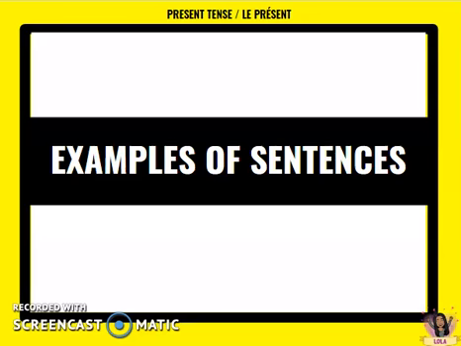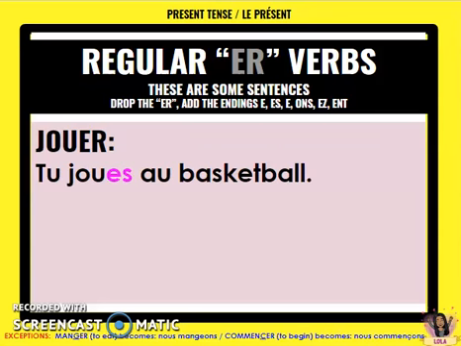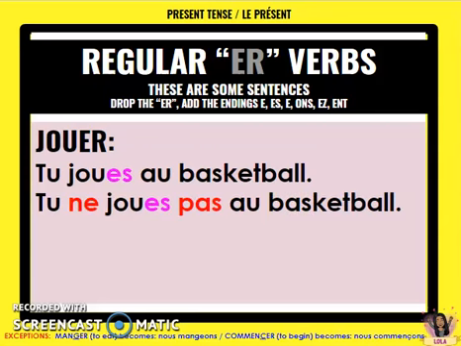We're going to take a look at examples of sentences. So we have the verb jouer here, which means to play. Jouer is a regular ER verb. We have tu joues au basketball. You are playing basketball, or you play basketball. Tu ne joues pas au basketball.